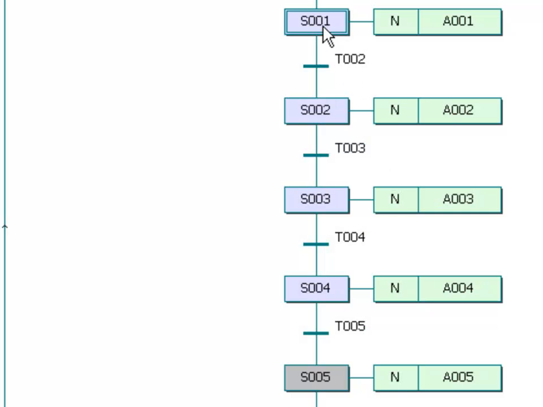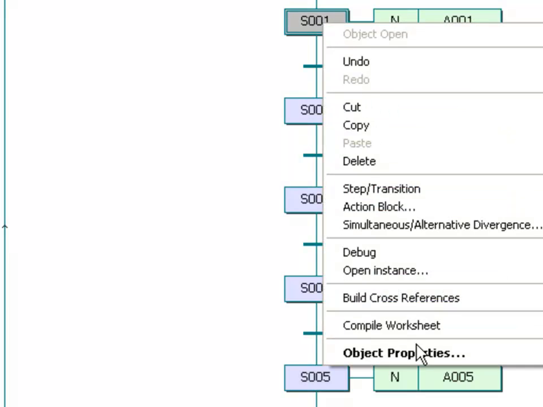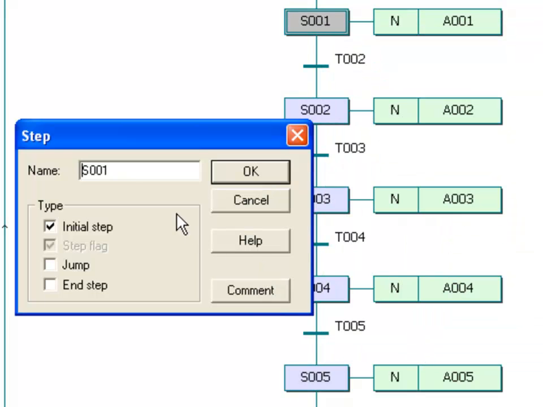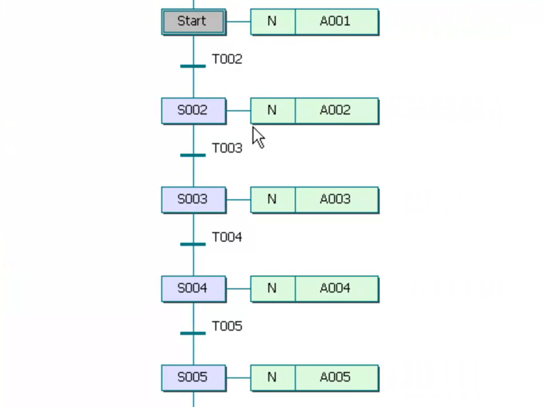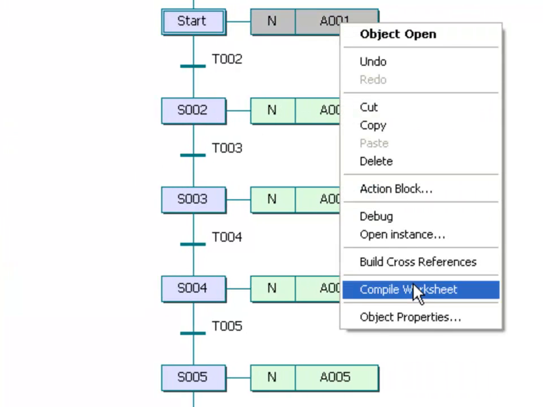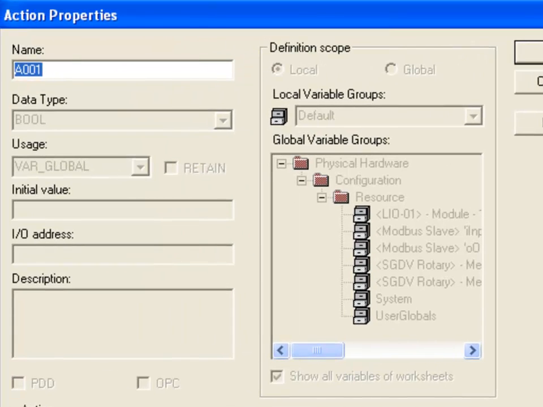To change the name of a step, right-click Object Properties, and you type in the name. I'm going to call this one Start. You can see it's the initial step. To change the name of an action, you also right-click Object Properties, and just type in the name. I'll call it Clear Outputs.